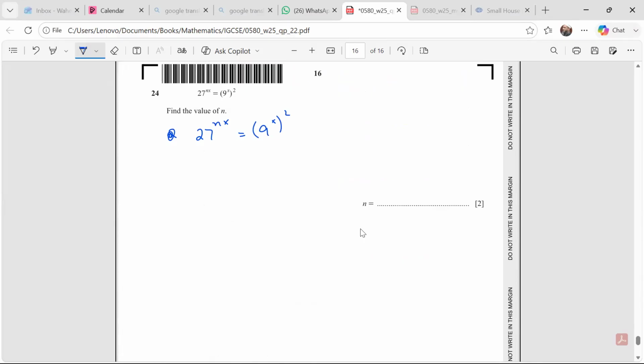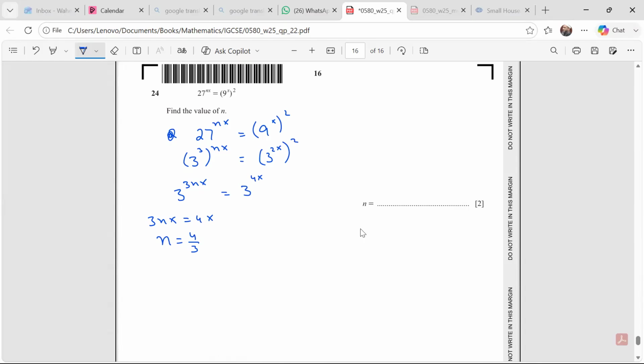So 27 can be written as 3 power 3 and its power nx, and here 9 is 3 square and its power x and its square. So this will become 3 power 3nx, and here we have 3 power 4x. So of course 3nx would be equal to 4x, x cancels with x, and n is equal to 4 over 3.